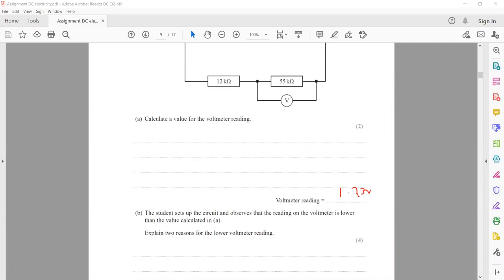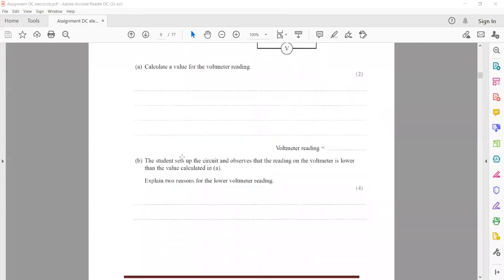In a circuit, we take ideal conditions, that the components and the connection wires do not have any resistance. But in practical, they also have resistance, or the cell might have internal resistance, so some of the voltage drops internally. So what could be the two reasons why the value might be lower than the expected value?